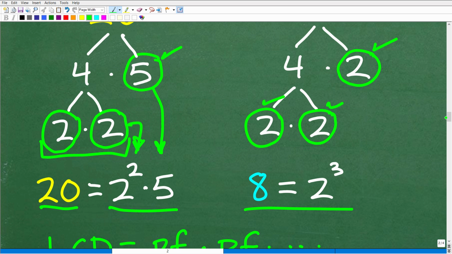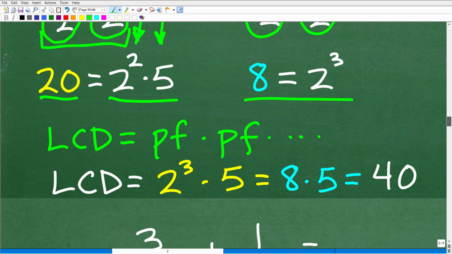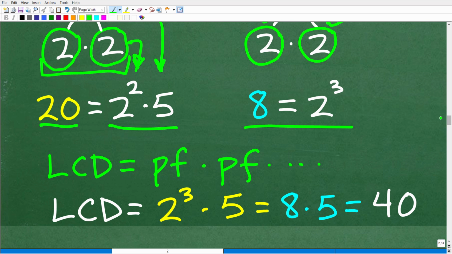Okay, so now that we have the denominators prime factored, what is the lowest common denominator? How do we find it? Well, we can now find the lowest common denominator by creating a product where we take each unique prime factor. Out of all the prime factors, what are the prime factors that we got between both numbers?